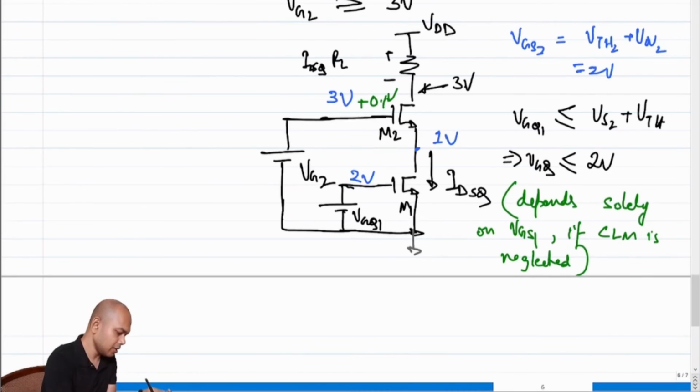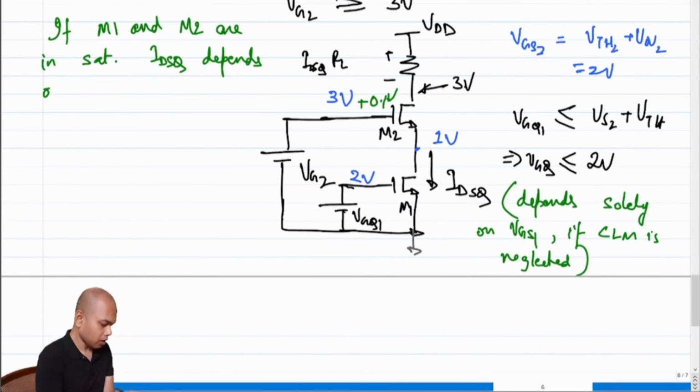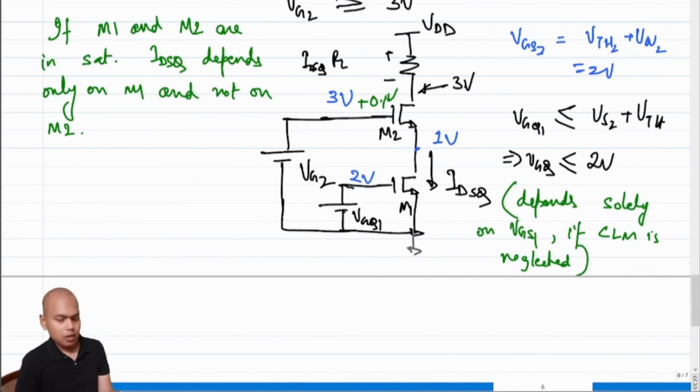So essentially what I am trying to say is, if M1 and M2 are in saturation, IDSQ depends only on M1 and not on M2, right?